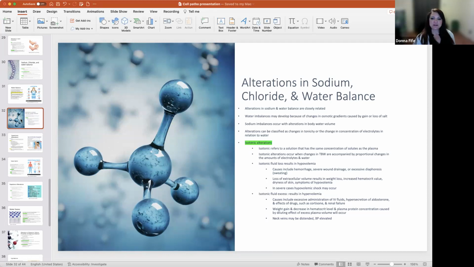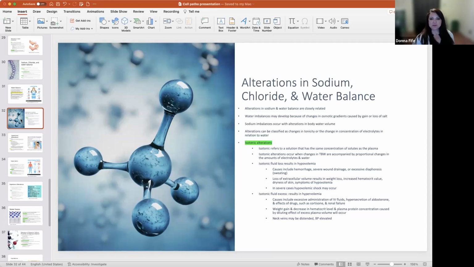Alterations can be classified as changes in tonicity, or the change in concentration of electrolytes in relation to water. Isotonic alterations. Isotonic refers to a solution that has the same concentration of solutes as the plasma. Isotonic alterations occur when changes in TBW are accompanied by proportional changes in the amounts of electrolytes in water.